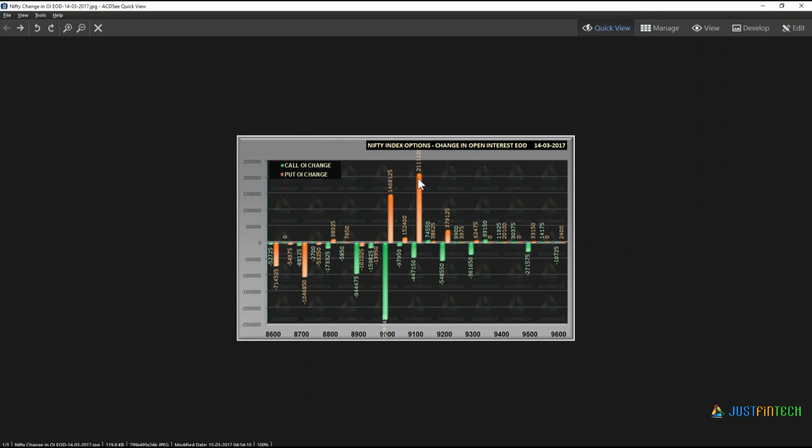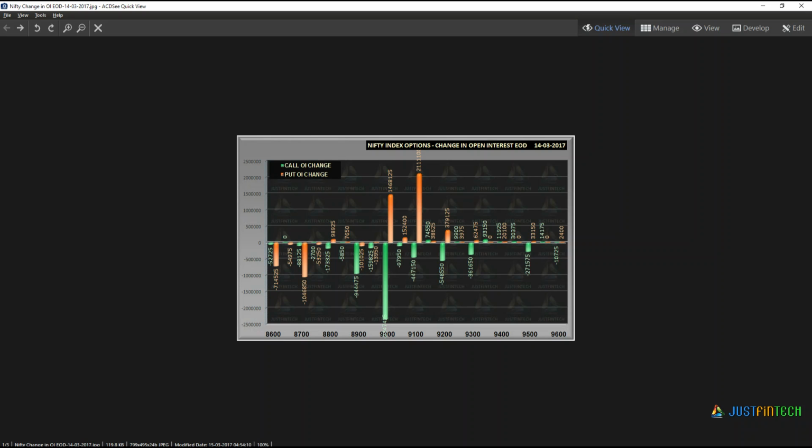So this 9,100 put addition shows that they may be interested in levels above 9,100, provided we hold on to 9,050 today and start pushing higher, start pushing towards 9100, and then there should not be any liquidation during the day.